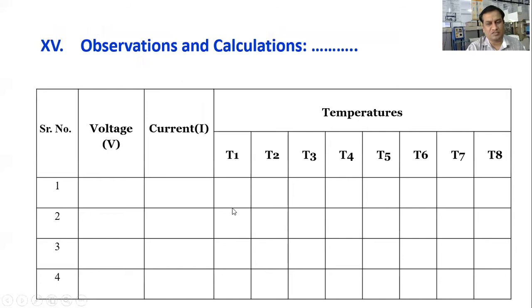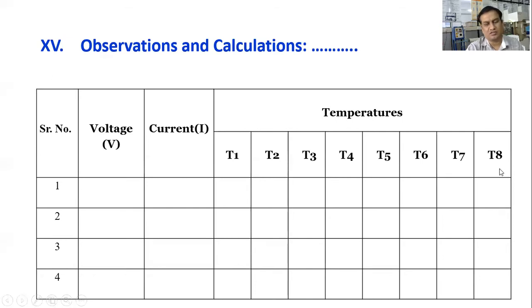Then on the basis of experimental setup, after reaching the steady state temperature, we have to write the values of this V, that is voltage, I, that is current, and the values of temperatures from T1 to T8 in degrees Celsius, right?